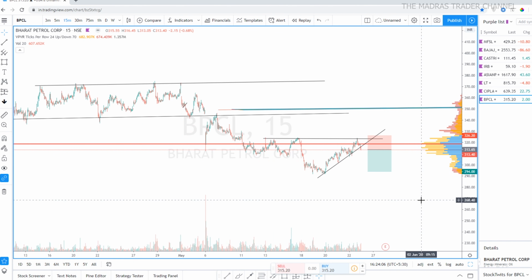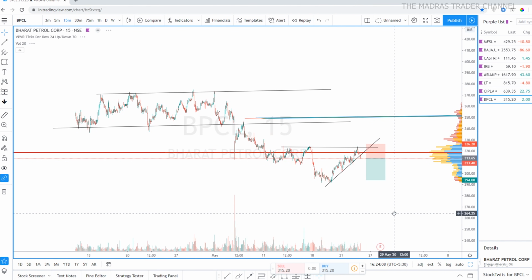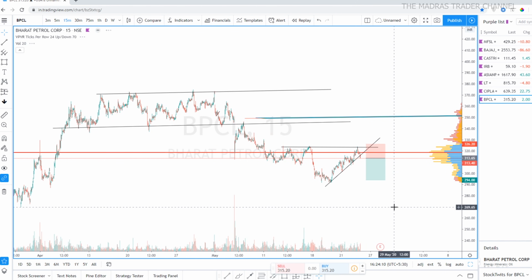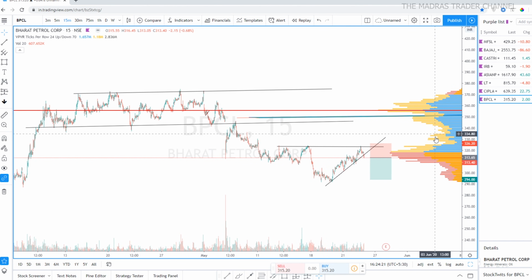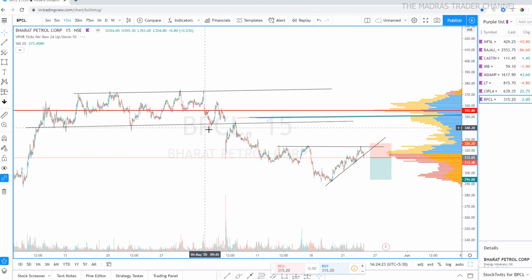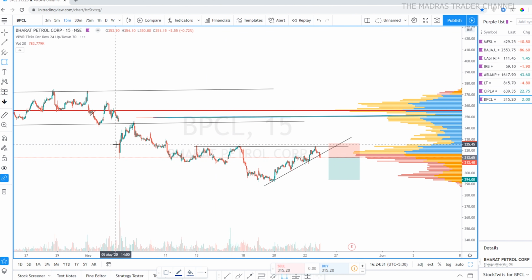Here let me just zoom out a little bit. Let's see what has happened in BPCL. Huge volume. This is where 70% of the transactions have happened, the value area, and the moment it came out of that, there was a gap down obviously, but it tested that area and then it came down.